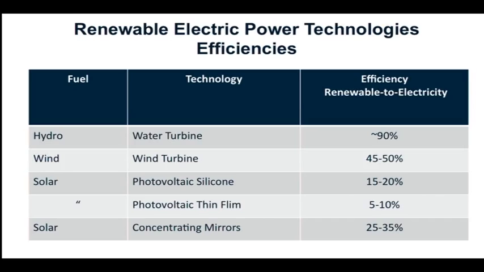Wind turbines, of course, extract kinetic energy out of the wind, and about 45 to 50% of the kinetic energy in the wind that's passing through the turbine blades is converted into electricity. There's a theoretical limit to that. You can't go to 100%, even though it's not a heat cycle.